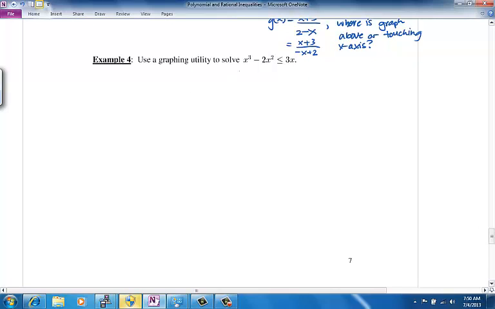So if I want to figure out where x cubed minus 2x squared is less than or equal to 3x, I have really two options, or more, but two obvious options.